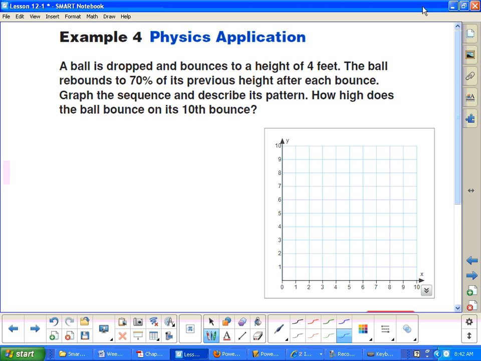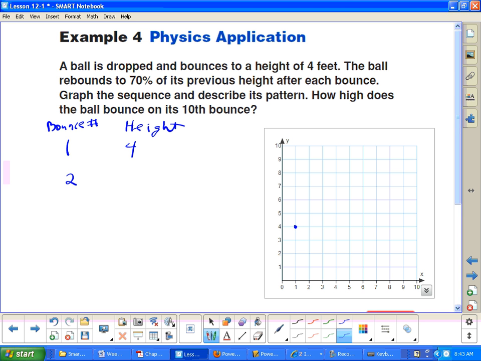So, the ball is dropped and bounces to a height of 4 feet. So on the first bounce, it is equal to 4, right? On the second bounce, all right, so our first bounce, it's at 4 feet.